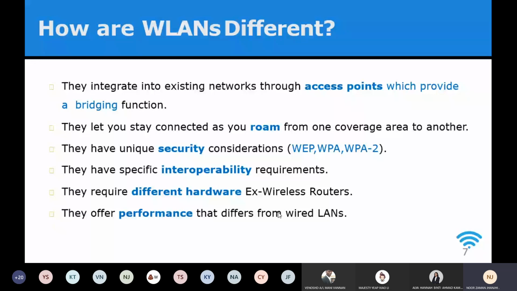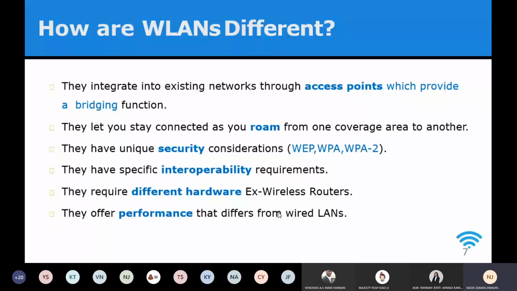But did you think that all the time you are not connected using one particular access point? You keep changing the access points while you are moving. That is what the second point means.